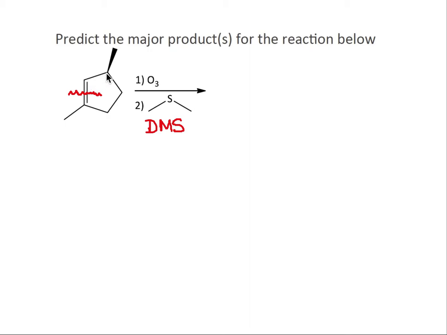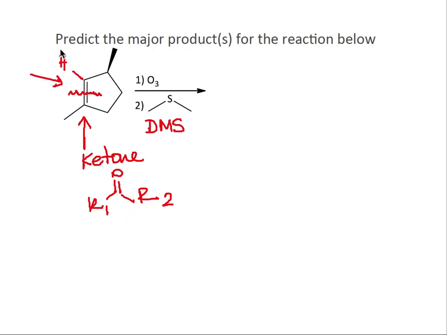And so you see here, this part of the double bond has 1 R, and here it has 1 H. At the bottom part, I have 1 R and another R. So the bottom part is going to give me a ketone, because remember, ketones look like this with 2 R's. They don't necessarily have to be the same, so it can be R1 and R2. And the top part, because of that hydrogen right there, is going to give me an aldehyde. So with this molecule, because it has that H, I'm going to get an aldehyde, and at the bottom, I'm going to get a ketone.